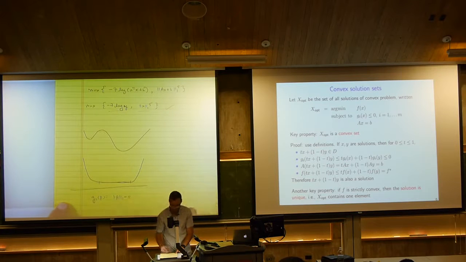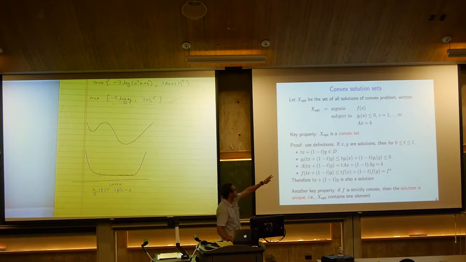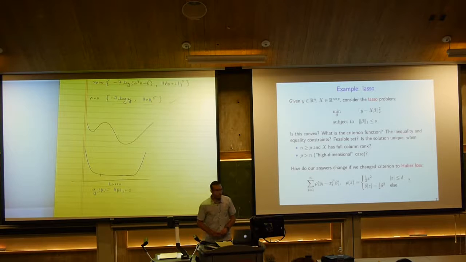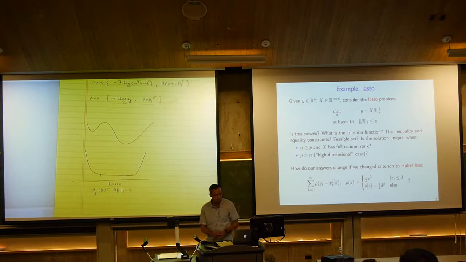That's my constraint function for the lasso, because I have to have the function be less than or equal to 0. That's how I would rewrite this constraint. And there are no equality constraints for this particular problem. The feasible set is just the set of all points that satisfy this L1 norm bound. We sometimes call this the L1 ball. That's the feasible set.